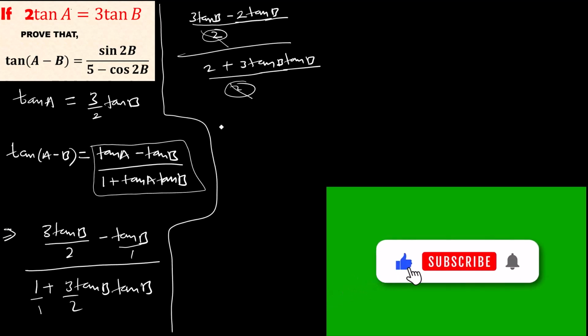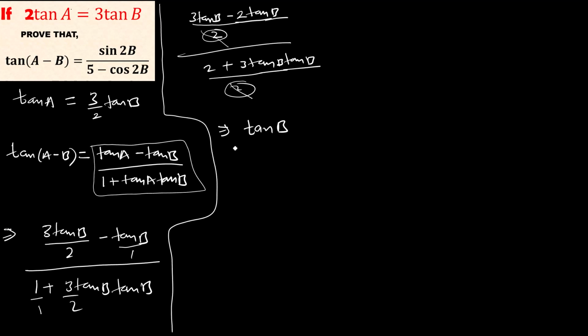Okay, so my next step will be tan B on the numerator. So that's that.